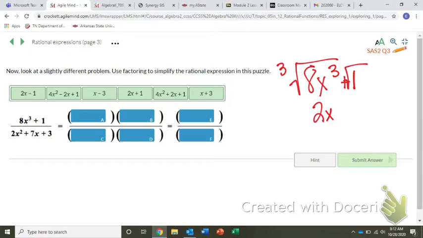And the cube root of 1 is 1. Now, why did I use an addition sign? Because what did I start with? I started with this addition sign, so I'm using the sum of cubes. So we have 2x plus 1.